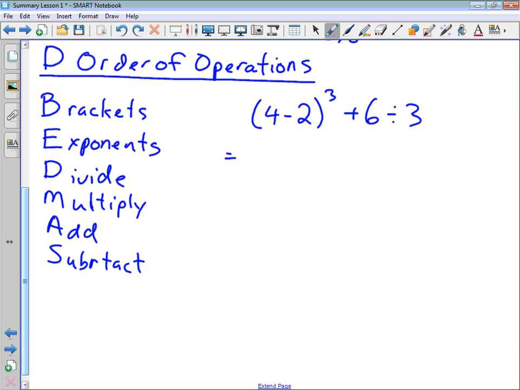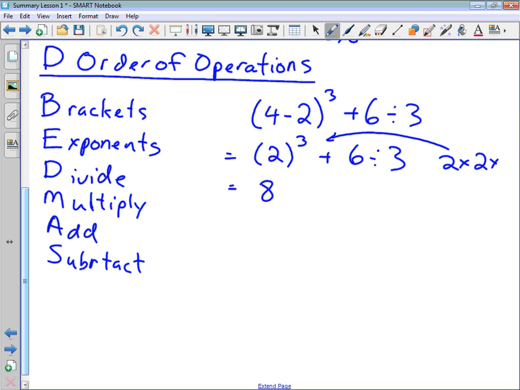And then I would just do this in order. Do the brackets first to get 2 to the power of 3. Then I do my exponents. 2 cubed is 8. And that might be a little bit of explanation there. Draw a little line off here like this. Remind myself that 2 to the power of 3 is 2 times 2 times 2, plus 6 divided by 3.